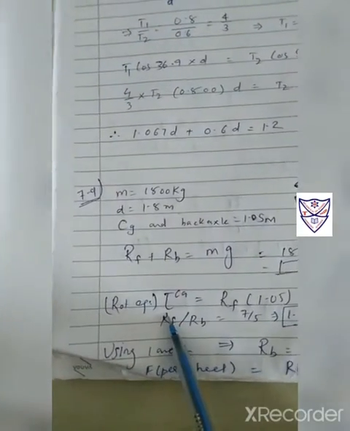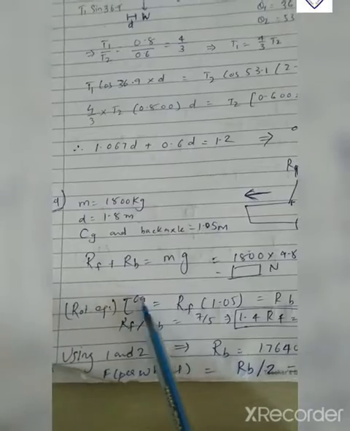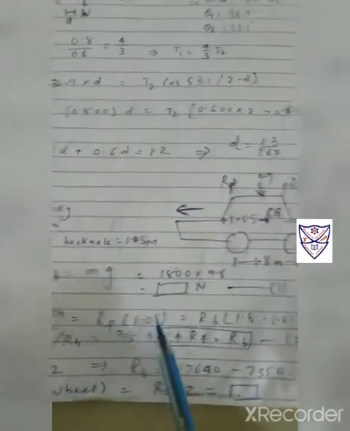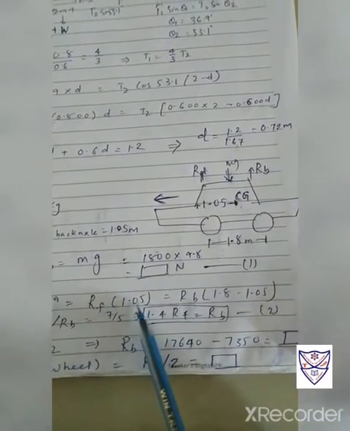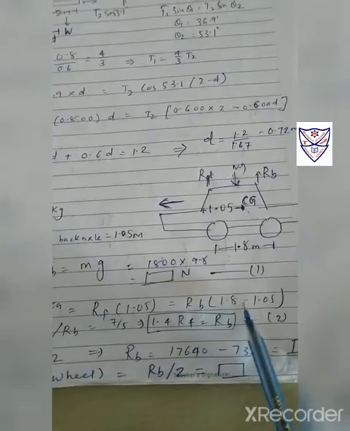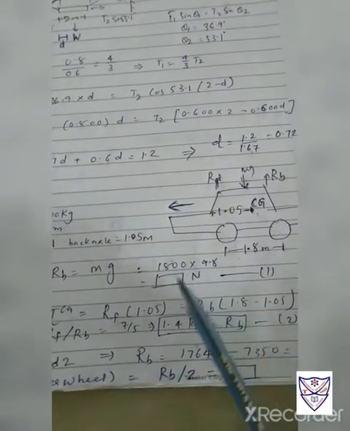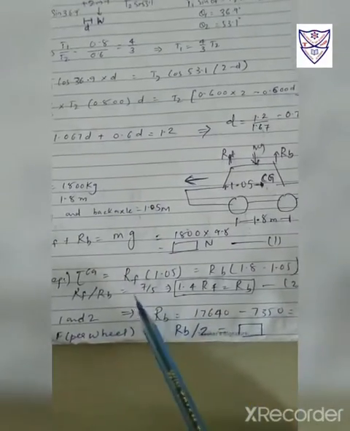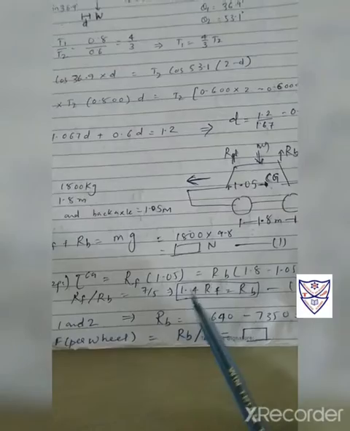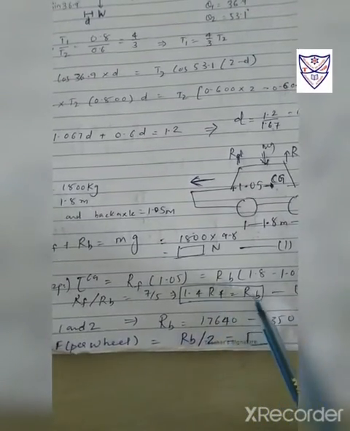Now rotation is equivalent, such that the torque about the center of gravity will give you RF into 1.5 is equal to RB into (1.8 minus 1.5), which you will get after solution. So you can write RF upon RB is equal to 7 upon 5, that is 1.4 RF is equal to RB.